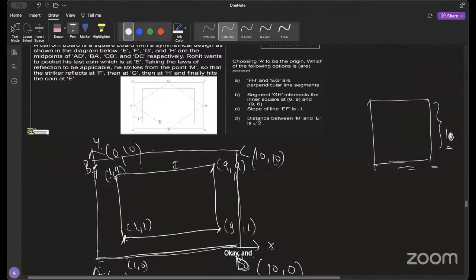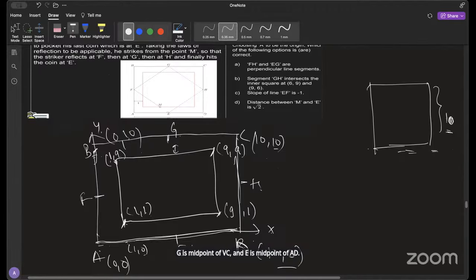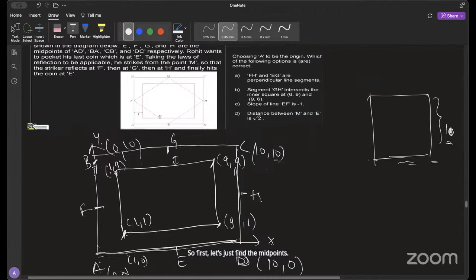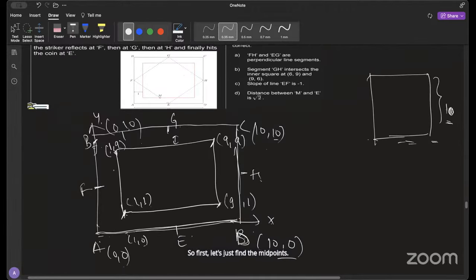And then you have been given other lines. This is given to be the midpoint of this line. G is the midpoint of BC and E is the midpoint of AD. So first, let's just find the midpoints. The midpoint of this is going to be 0, 5.